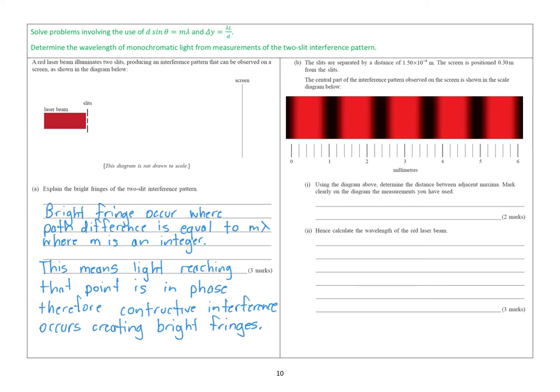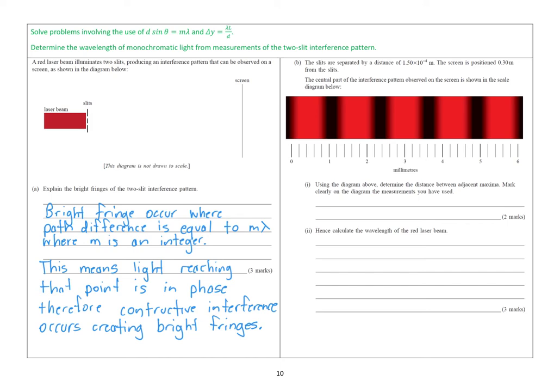So if I was marking that, I'd probably be giving 1 mark for realising that it's about the path difference and it has to be equal to a whole number of wavelengths. Another one for realising that if that occurs, the light's in phase, and then the 3rd mark would be for indicating that that creates constructive interference.